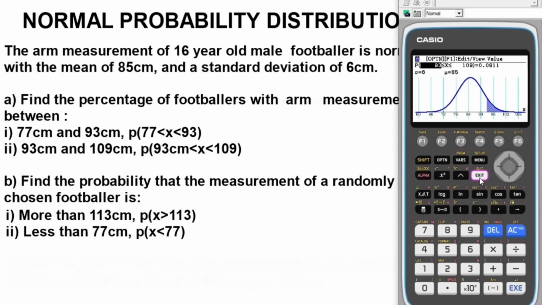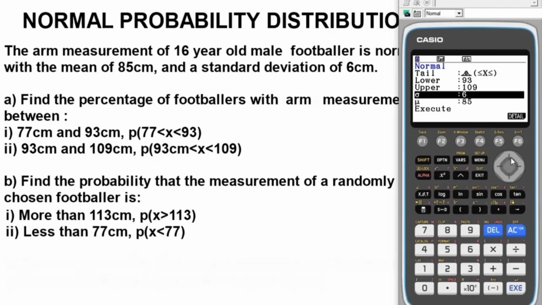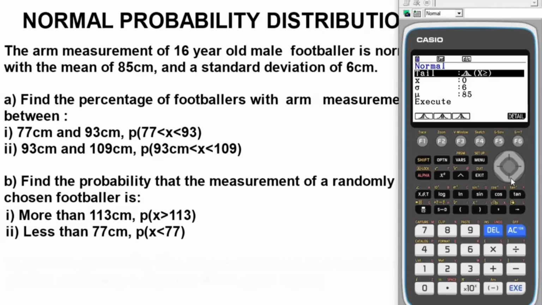Under this tail option, all you have to do is press F3, and you see X is greater than or equal to this. Having done this, let's put in our X value. The X value is 113. The standard deviation is the same and the mean is still the same.